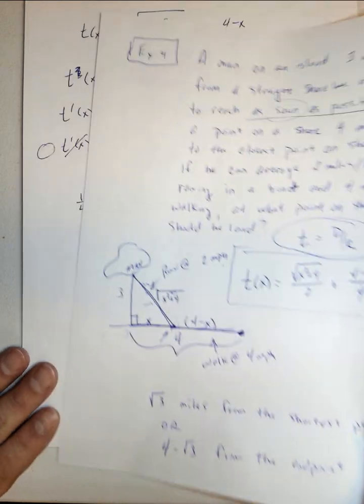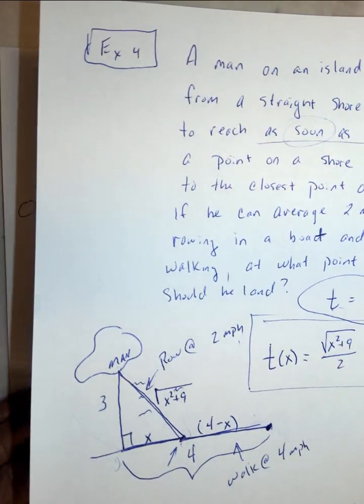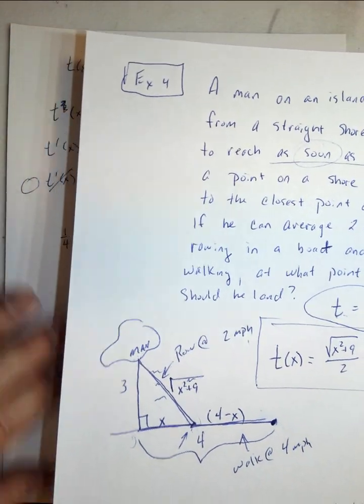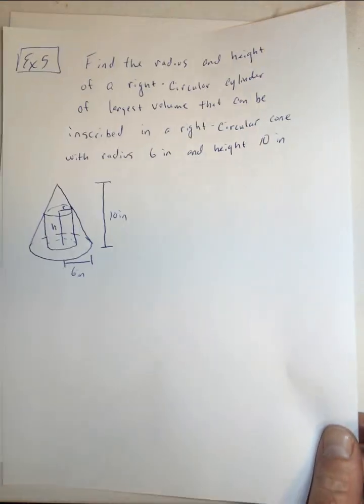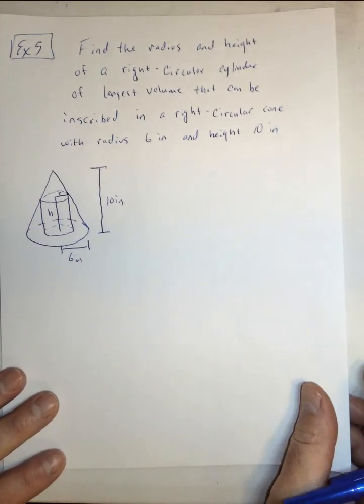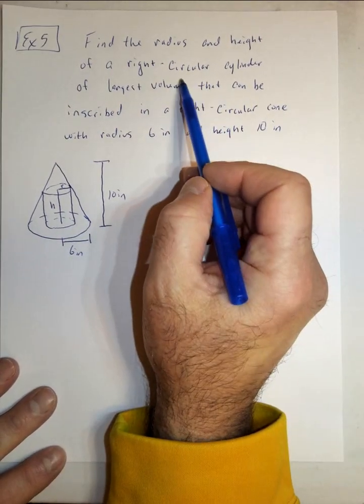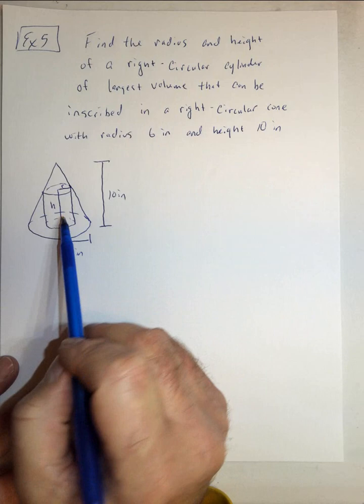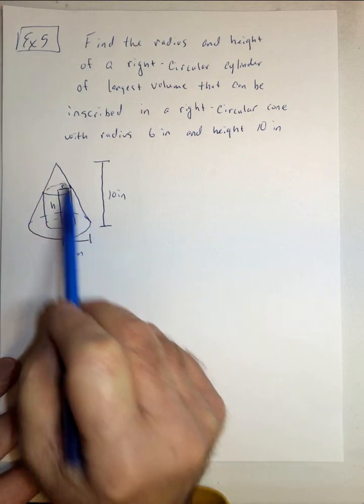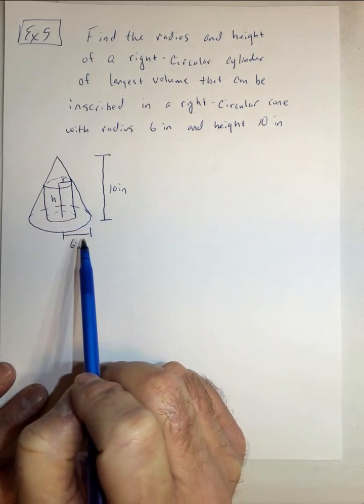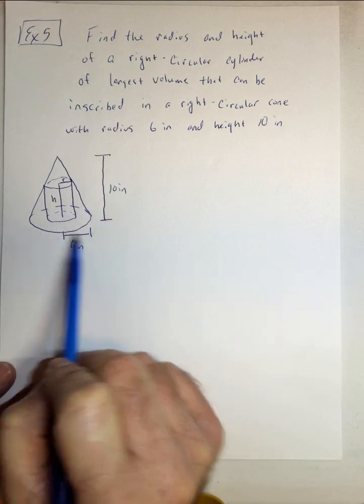Okay, last example we're going to do here, before I talk a little bit about what I'm going to assign you, is we wish to find the radius and the height of a right circular cylinder, which is this one. Notice it's inscribed in the right cone, and the cone has dimensions, so this would be our constraints.